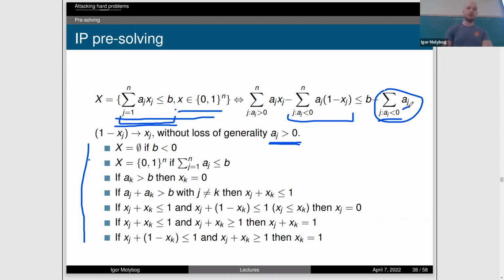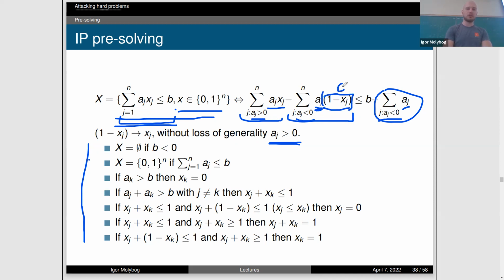We just sum up all of the negative aj's, and then we can group together all of the components with the coefficient aj, and we will have the summation over all j such that aj is greater than 0 of aj times xj, minus the summation over all j such that aj is less than 0 of aj times 1 minus xj, which is also by itself a binary variable.